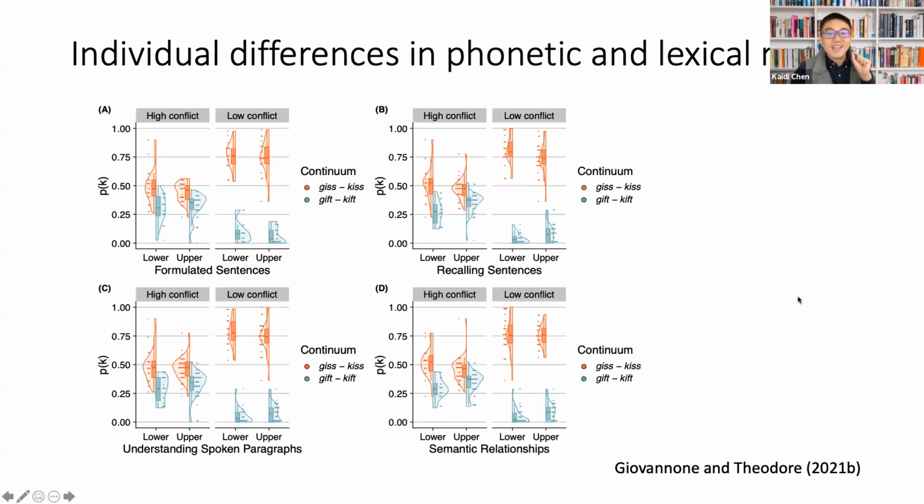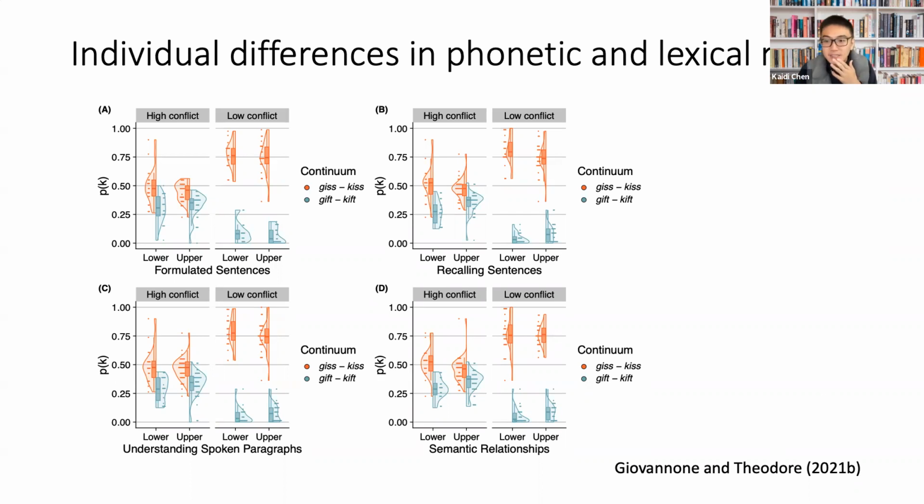So just one takeaway from here: individuals with weaker language abilities show a larger context effect. So it holds for both high and low conflict input. And the effects were carried more by the receptive language measures.